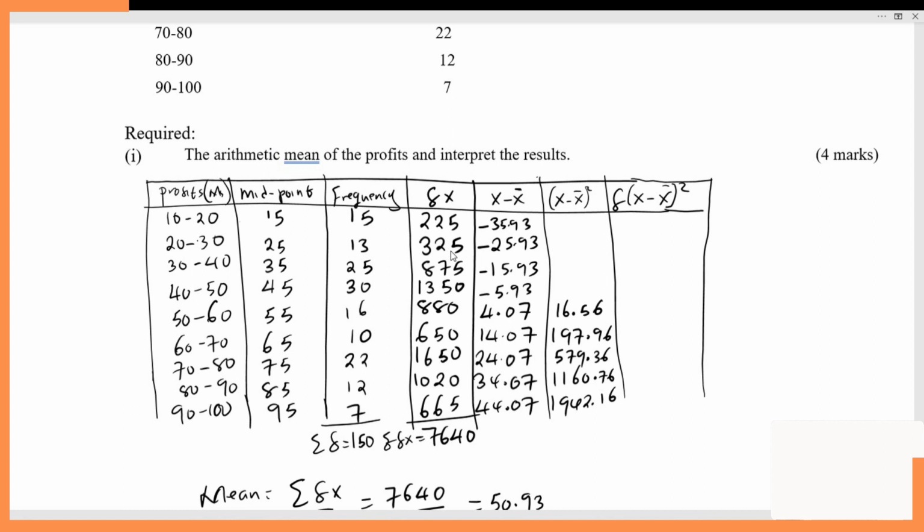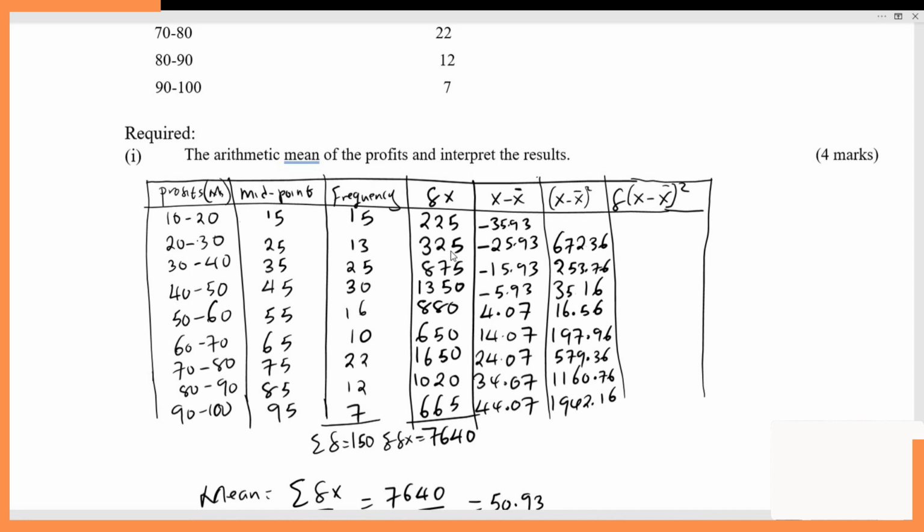Negative 5.93 squared gives me 35.16. 15.93 squared gives me 253.76. 25.93 squared gives me 672.36.